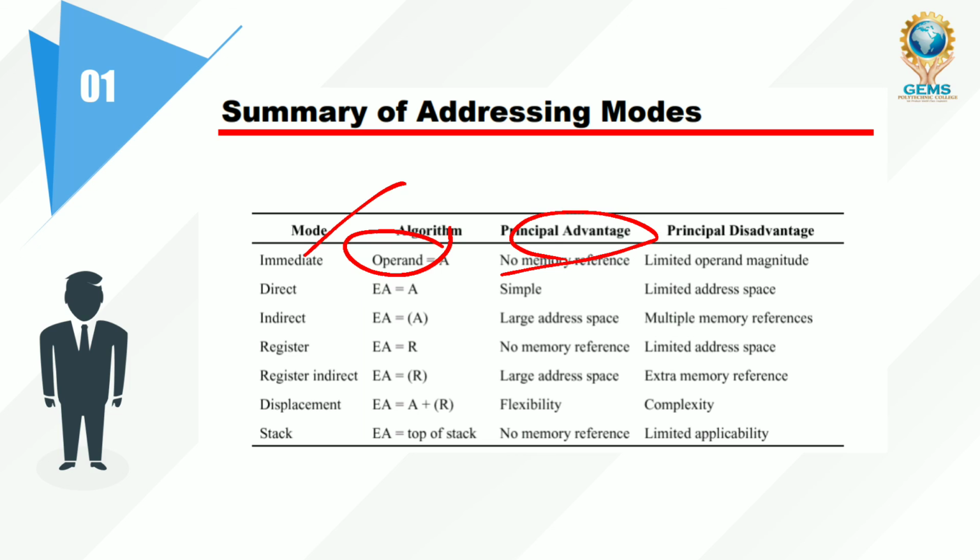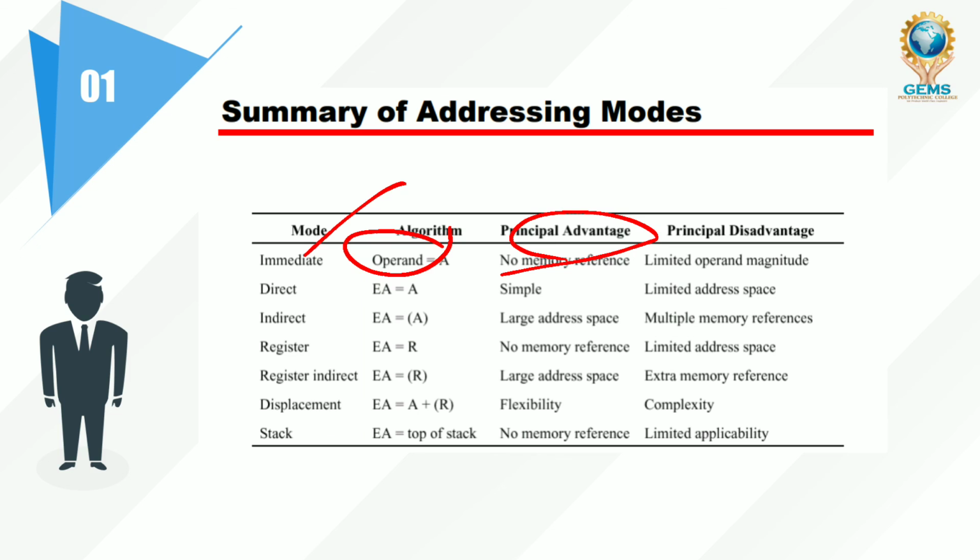And the second one is direct. I already said what direct and indirect are, what register and register indirect are, and displacement and stack, along with principal advantages and disadvantages. Direct: no memory reference, we can get it simply, no difficulty at all.